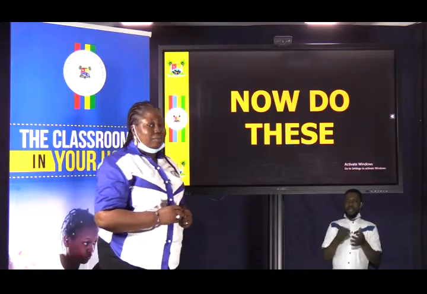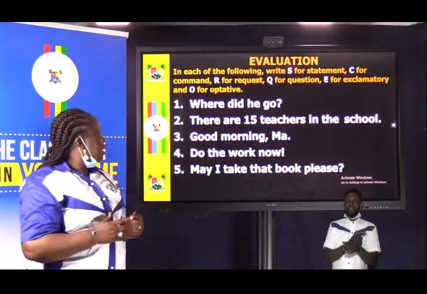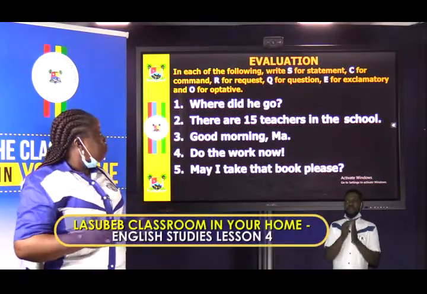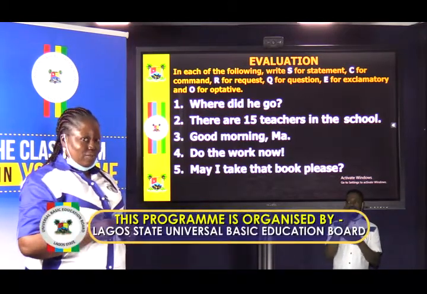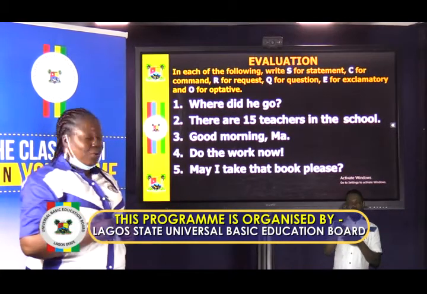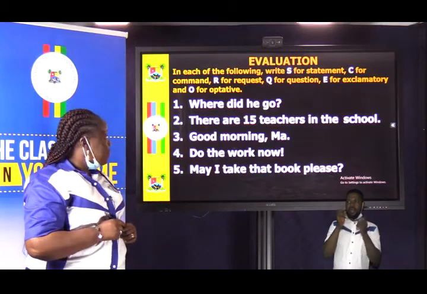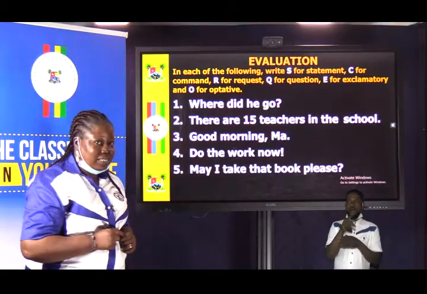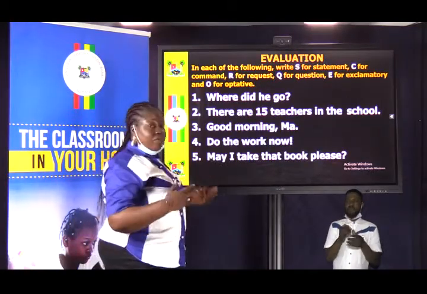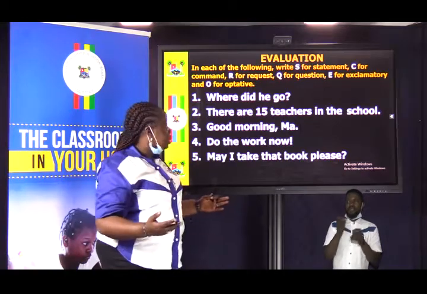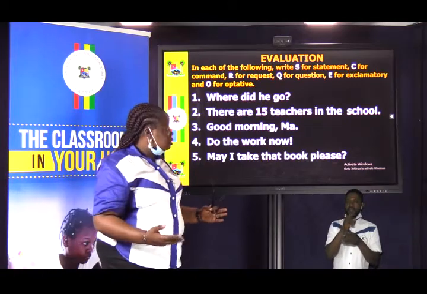Now it's activity time. Let's see how attentive you have been in the course of this lesson. In each of the following, write S for statement, C for command, R for request, Q for questions, E for exclamatory, O for optative. Here are 5 sentences. You tell me what type each is.